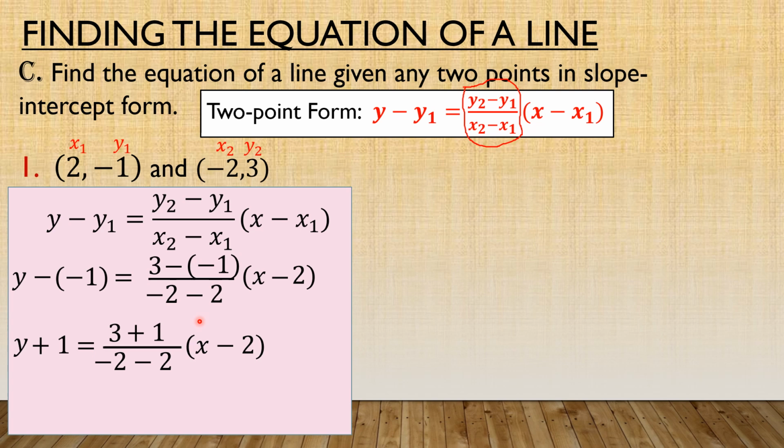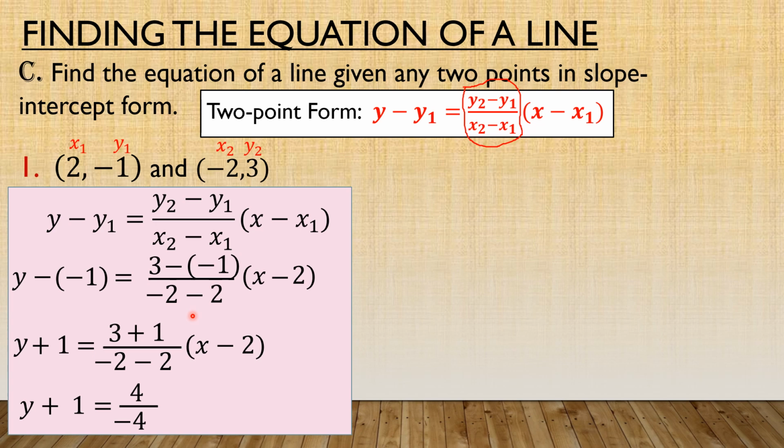At kokopyahin muna natin to. So, ang ginawa natin, pinagsama muna natin yung mga double negative signs. Okay, so pwede na natin i-combine yung numerator at denominator. So, we have y plus 1 equals 3 plus 1 is 4 over negative 2 minus 2 is negative 4.